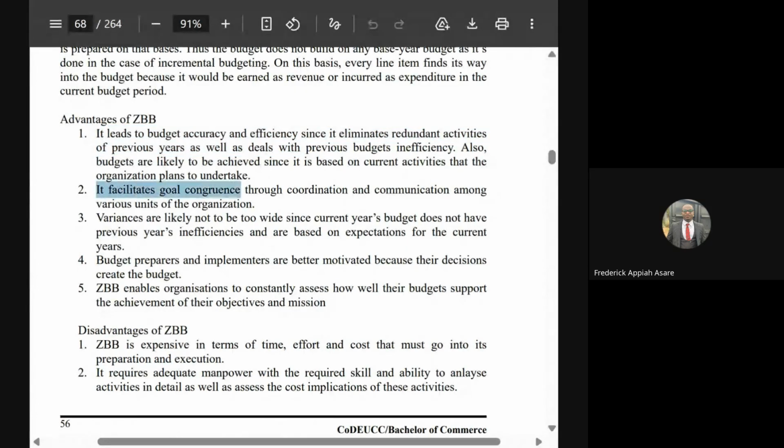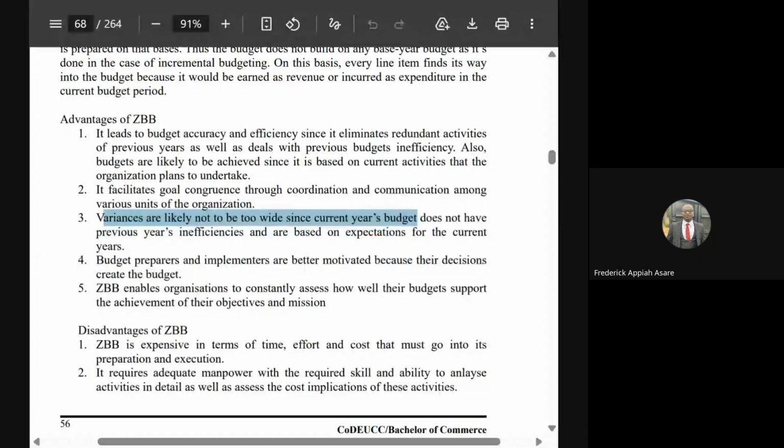It also facilitates goal congruence through coordination and communication of various units, because before you bring an item, you must talk to them. Have a discussion with them. Tell them why this item is necessary to be added and why it is not necessary to be added. Variances are likely not to be too wide.